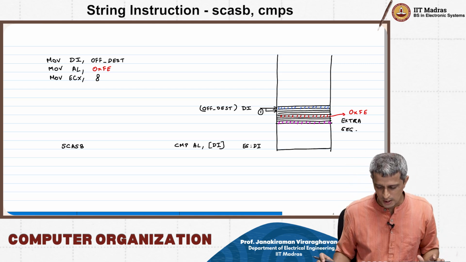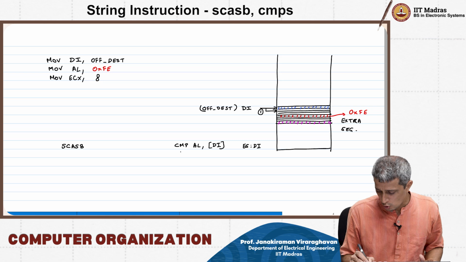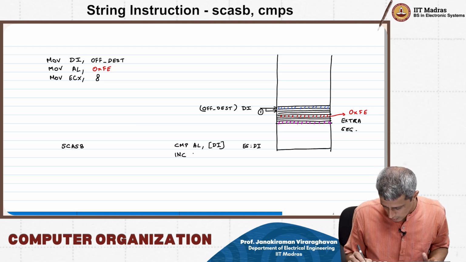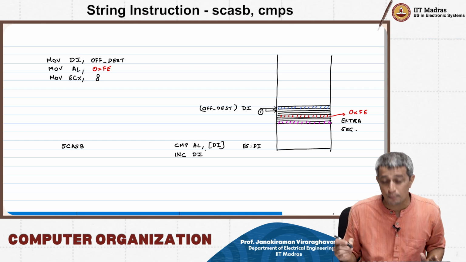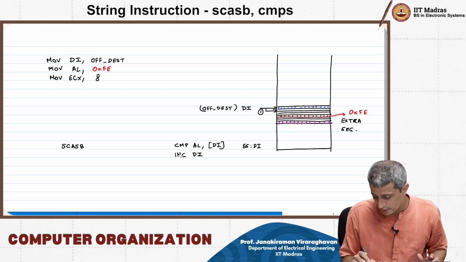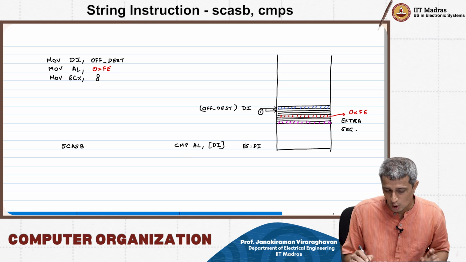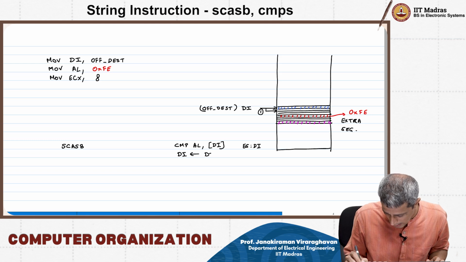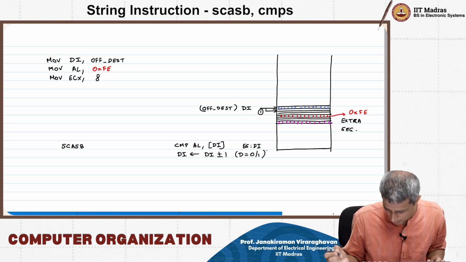That's what I mean by the full address. So you're going to compare and then you will increment DI depending on whether you are setting or resetting the direction flag. So DI will then become DI plus or minus 1, depending on direction flag equal to 0 or 1.